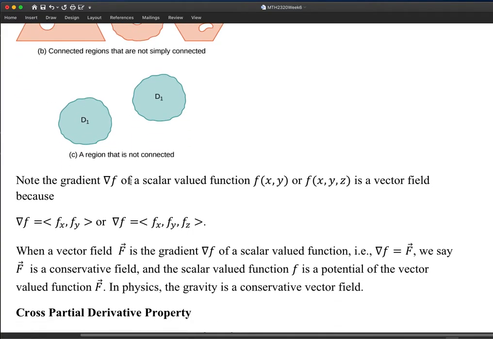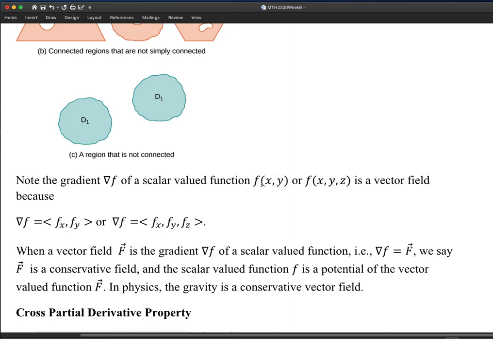And we're talking about line integrals. A line integral is the work done. In physics, it can be considered the work done by a force field on an object moving along a curve. And also remember the force field. Sometimes the force field turns out to be the gradient of a scalar valued function.